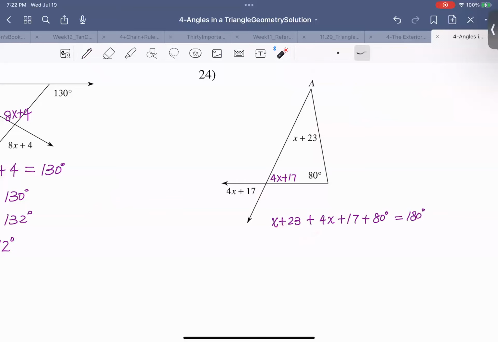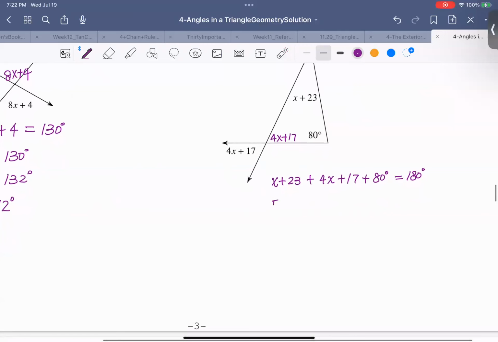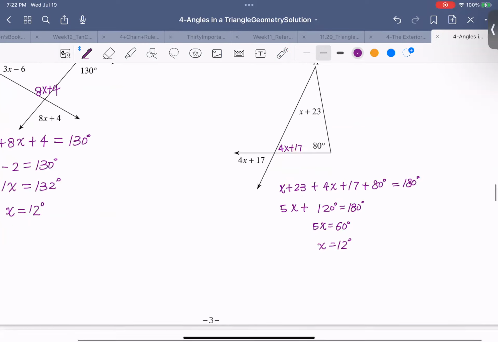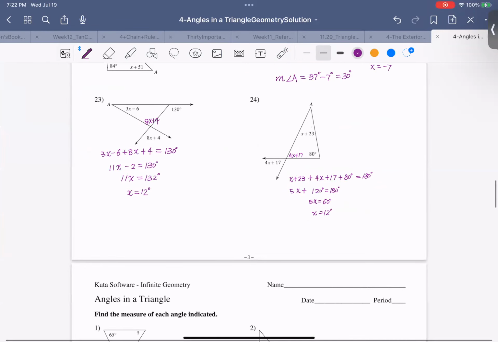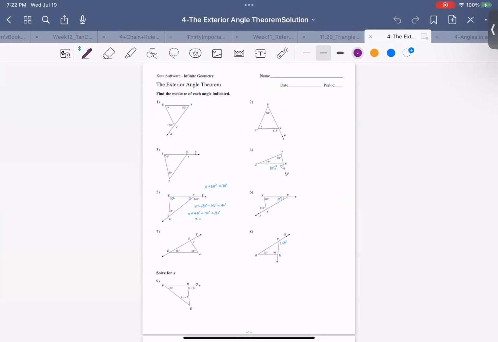And then combine: 5x plus 40 plus 120 equals 180. So 5x becomes... x equals 12. Very good. Oh my gosh, all these three boys are so smart now. They can do it super fast and 100% correct. Everybody show a happy face. I'm very happy.